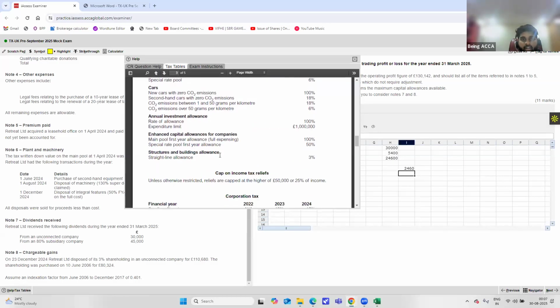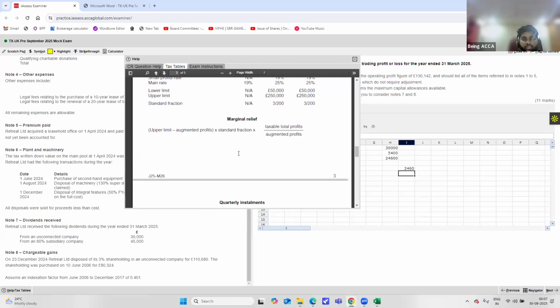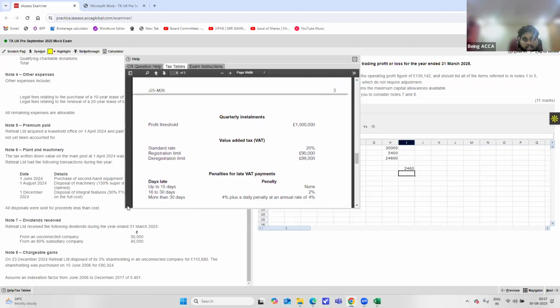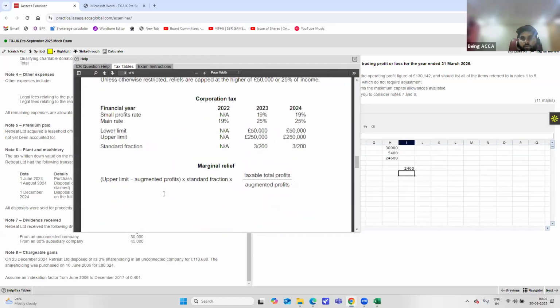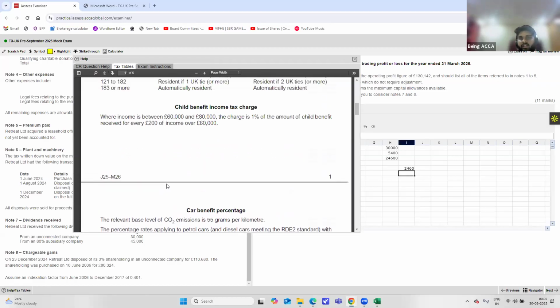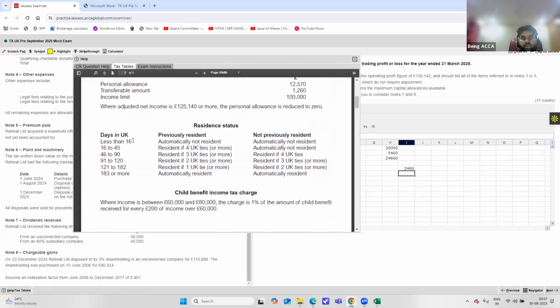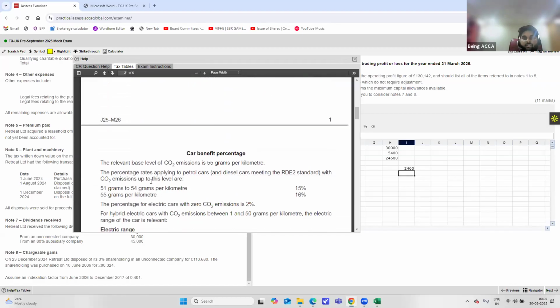Guys, if you have seen most of my videos, I have told you this is the most important table that you will have to look at. You do not have to remember the rates; you will have to remember the conditions that you should satisfy, but not the numbers. You will have it here: child benefit, income tax charge, car benefit, everything will be available to you.